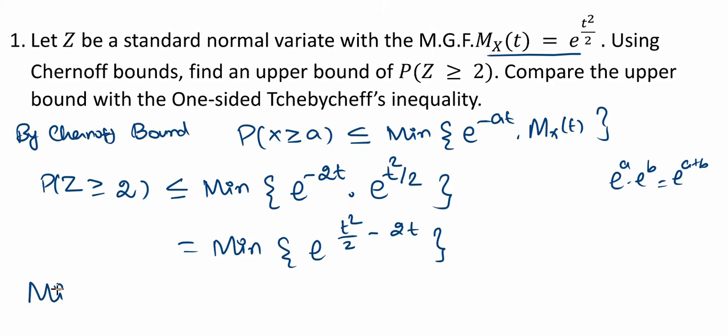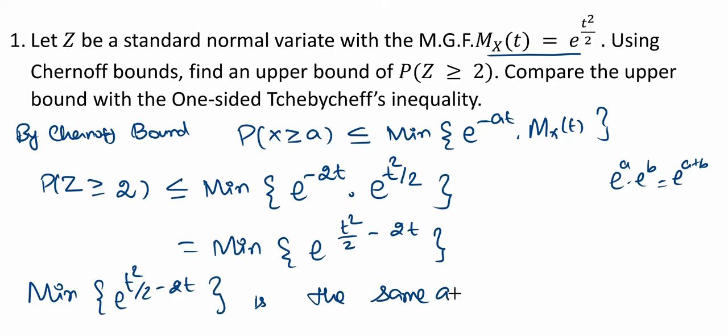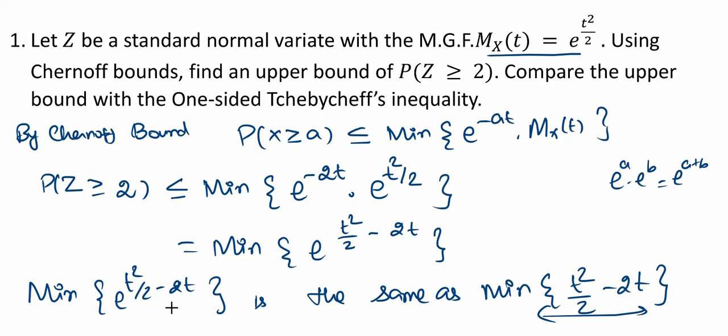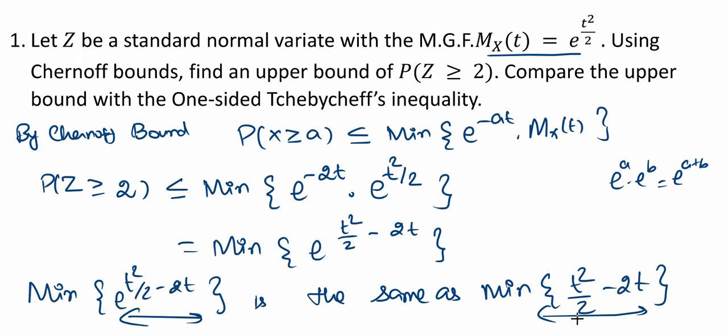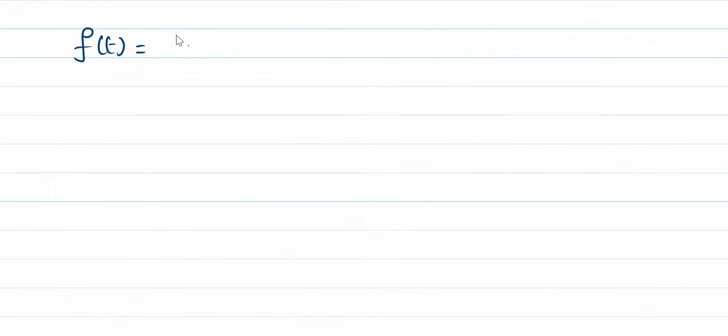Notice that minimizing e power t squared by 2 minus 2t is the same as minimizing t squared by 2 minus 2t. So minimizing this leads us to the same result as minimizing this factor. Hence, what we do now is fix our f of t to be the value t squared by 2 minus 2t.